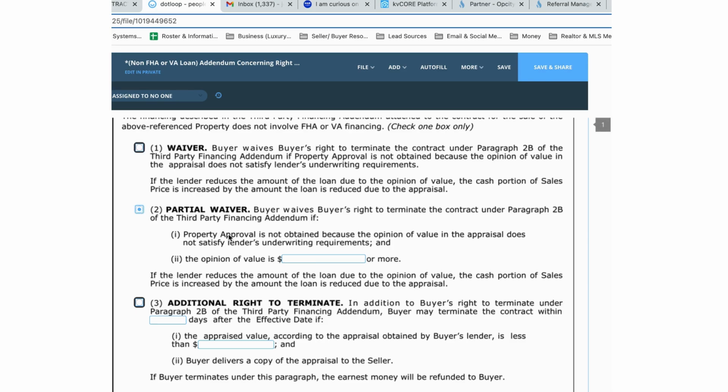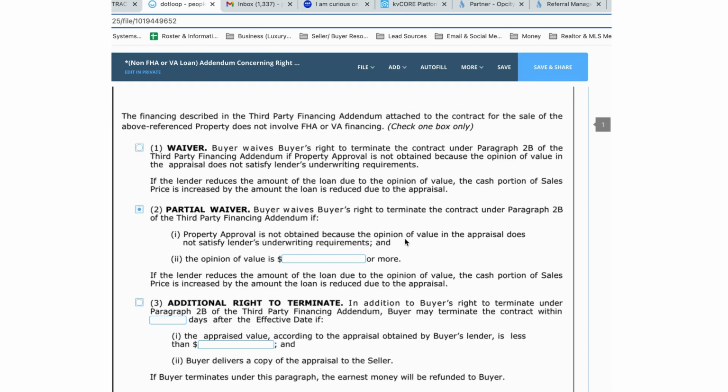So this one right here, partial waiver. The buyer waives buyer's right to terminate the contract under paragraph 2B of the third party finance addendum if the property approval is not obtained because the opinion of value in the appraisal doesn't satisfy the lender underwriting requirements, and the opinion of value is a certain amount or more. So you're going to put a certain amount or more.